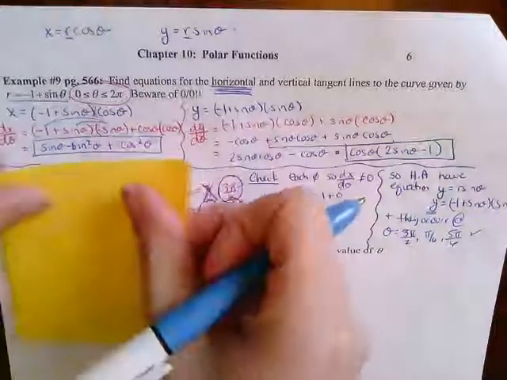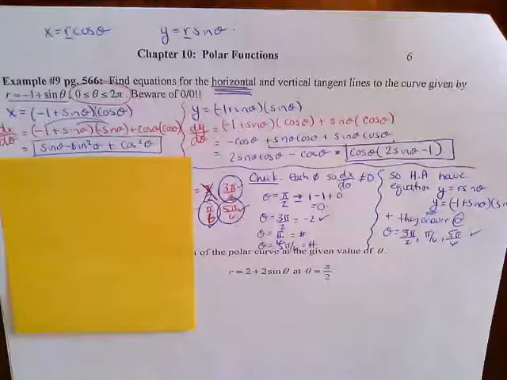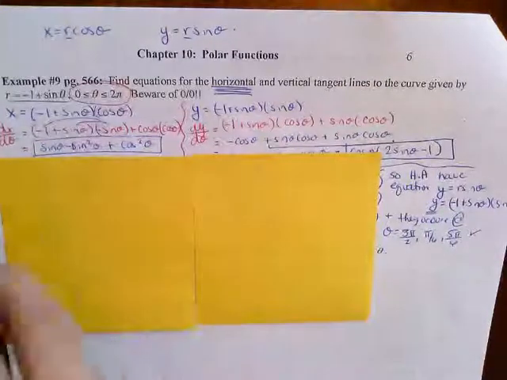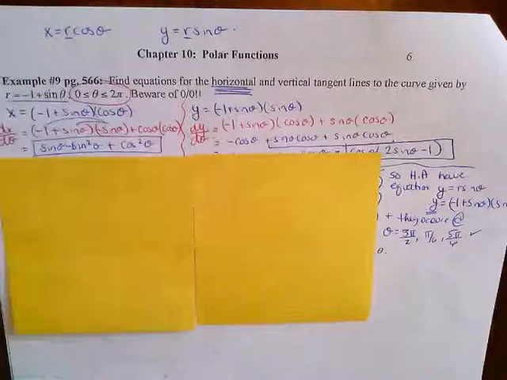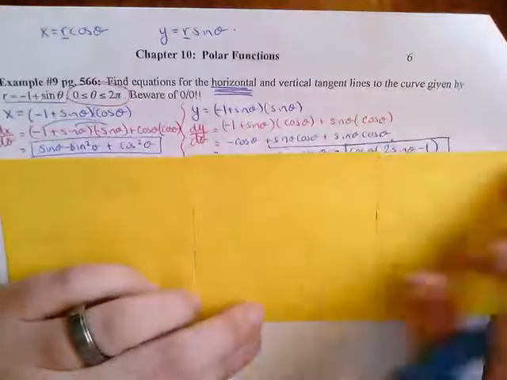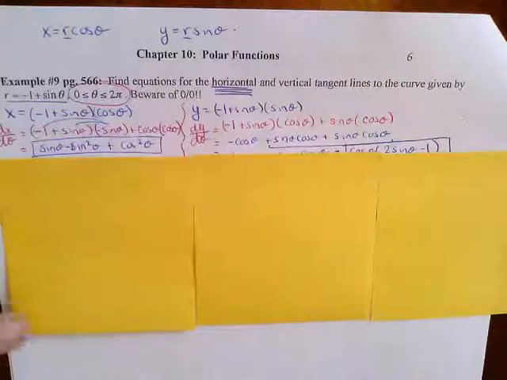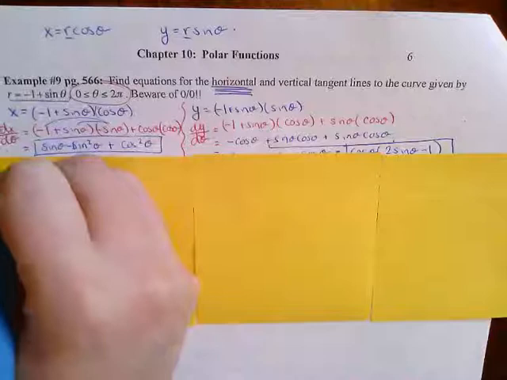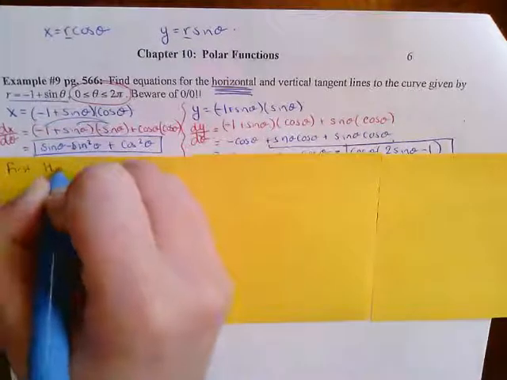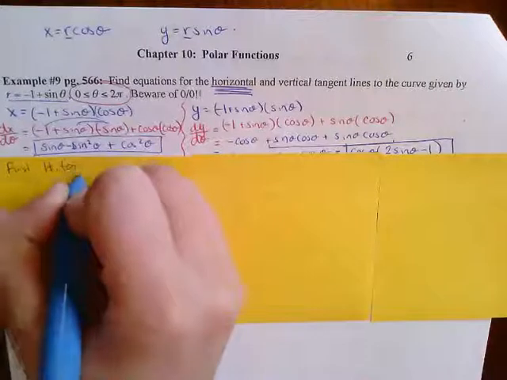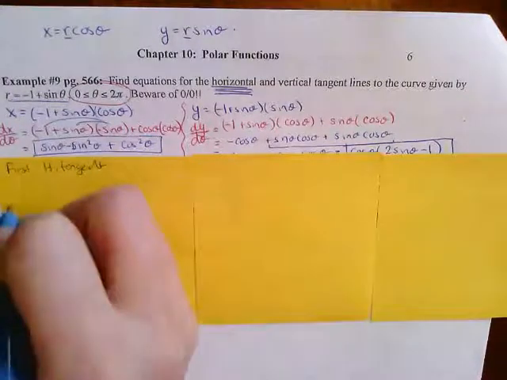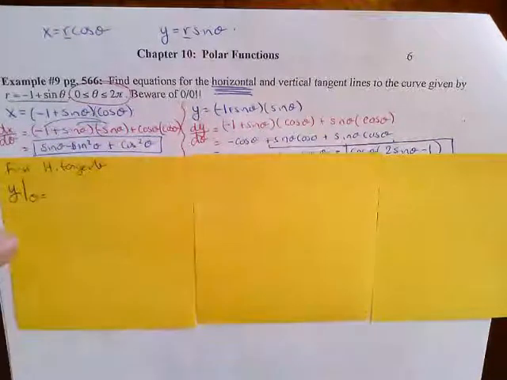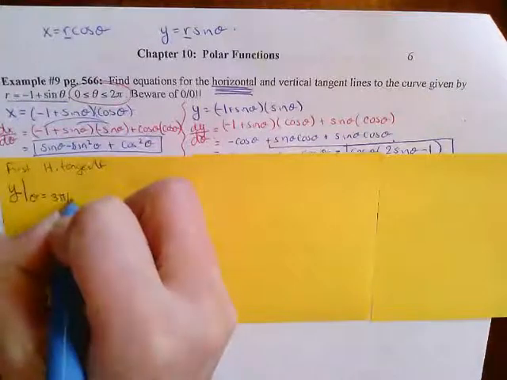So I have 3 different thetas. I don't need this much space. Okay, I'm just being dramatic with 3 different post-its because we have 3 different thetas. So my first horizontal tangent is when theta is 3 pi over 2.